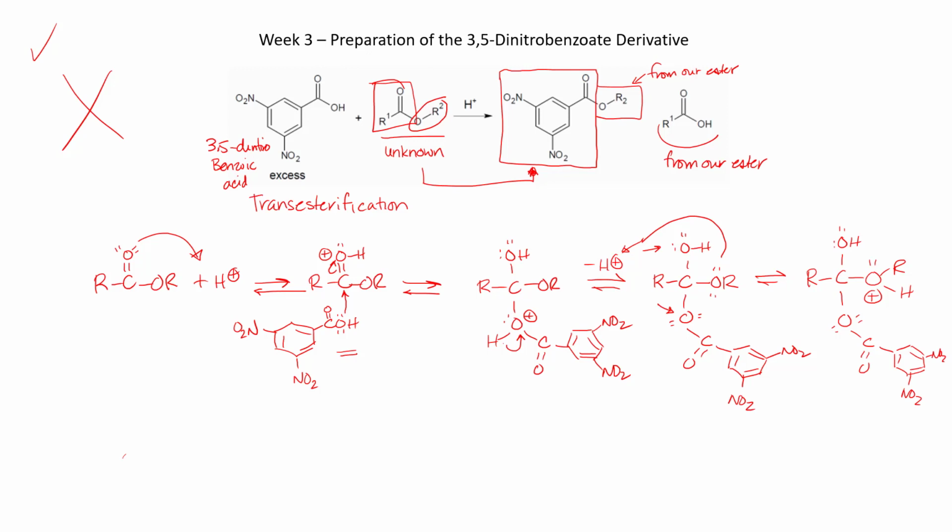And let me erase that. So let me write the bond in explicitly here. If I write the bond in explicitly, then what will happen is this. This pair of electrons will move there and the alcohol will leave.